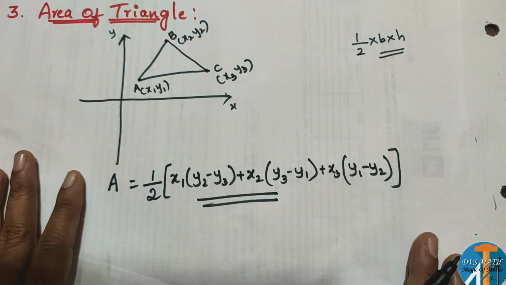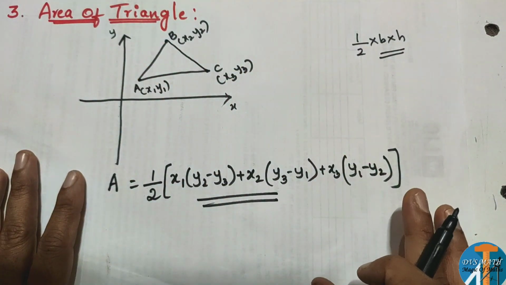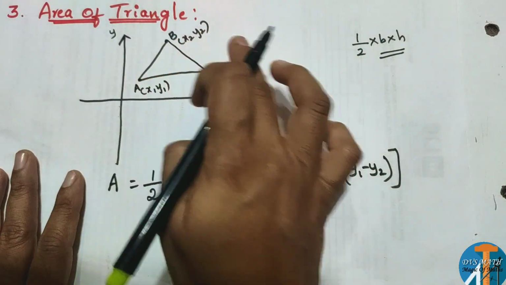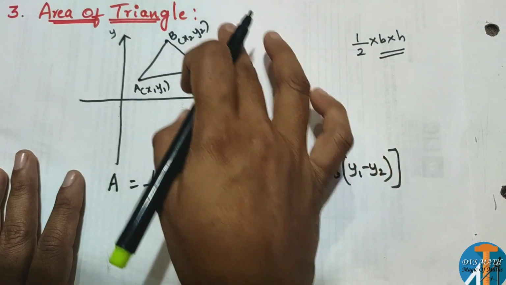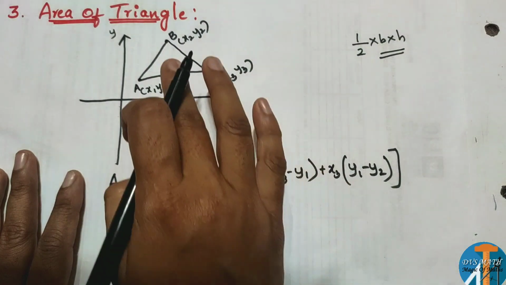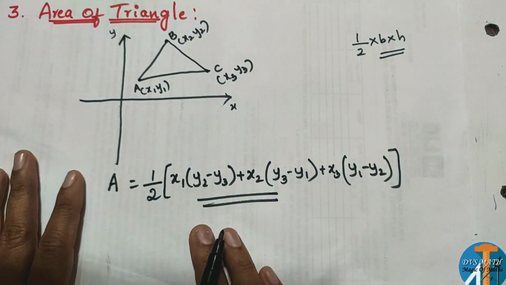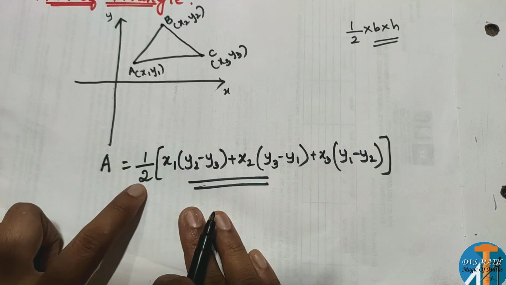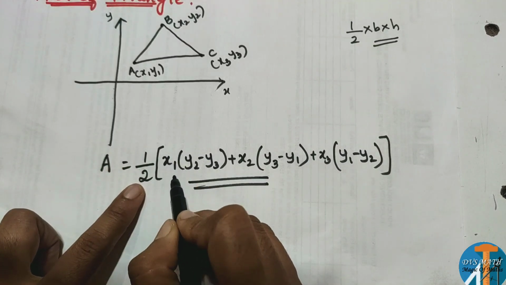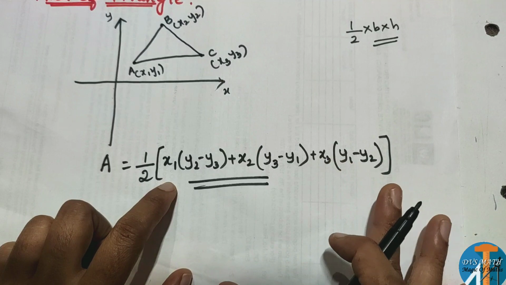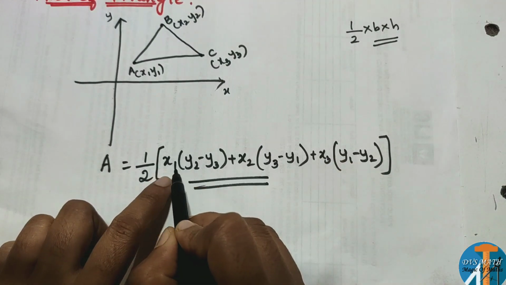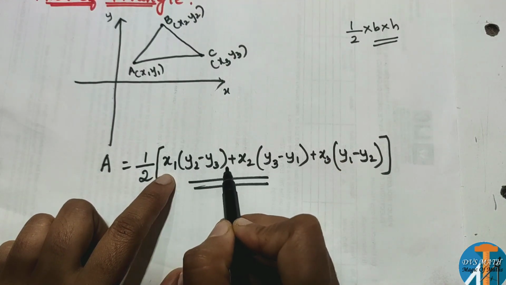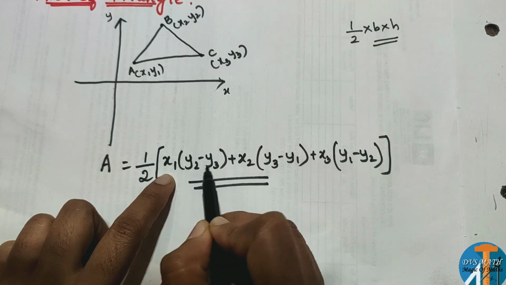Observe carefully. In the coordinate axis, if we consider any 3 points like x1, y1, x2, y2 and x3, y3, they form a triangle. To find the area of triangle we have a formula: A is equal to half, you have to write it as it is. You have to consider x1. Observe, it is very easy to remember. x1 into y2 minus y3, you take: 1 after 1, take 2, 3.